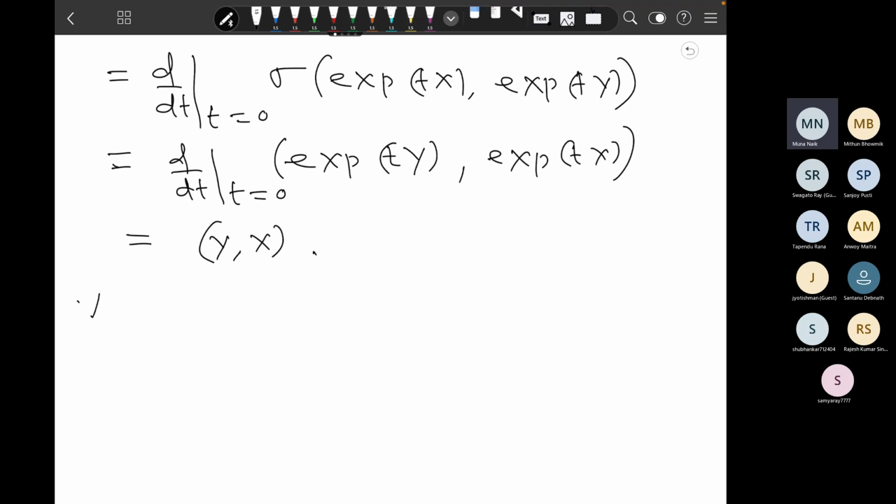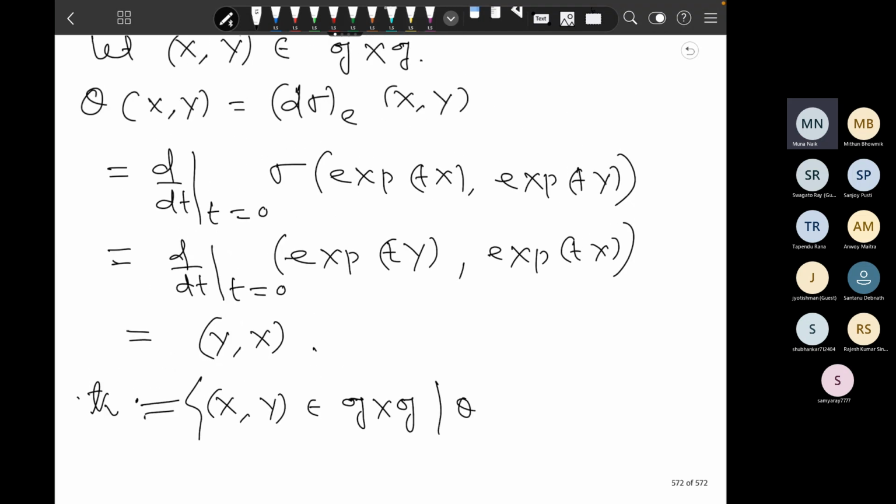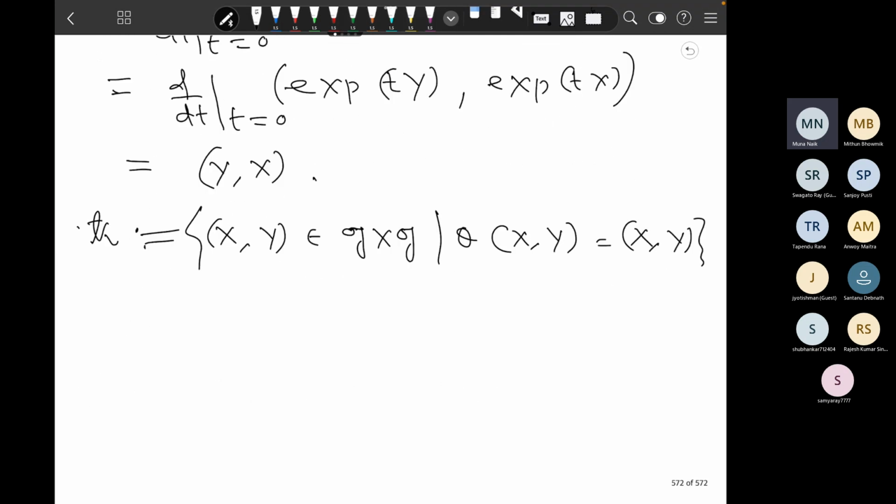So then what was k? But k was by definition the set of xy belonging to G cross G so that theta of xy is equal to xy, right? This is the plus one eigenspace. Now theta of xy is really yx, and this is xy. We will get that yx is equal to xy. So this is equivalent to the fact that x is equal to y.